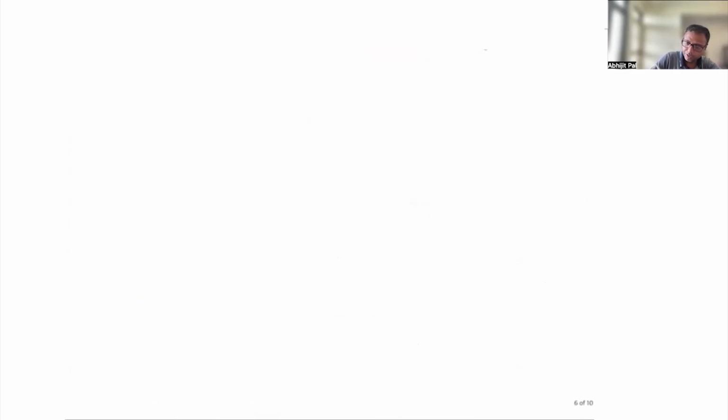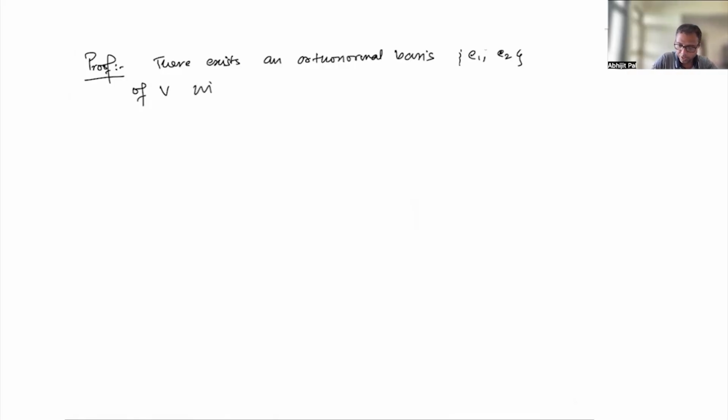Okay. So what is the proof of this theorem? By the previous proposition, there exists an orthonormal basis E1, E2 of B with QE1 equal to lambda 1 and QE2 equal to lambda 2.